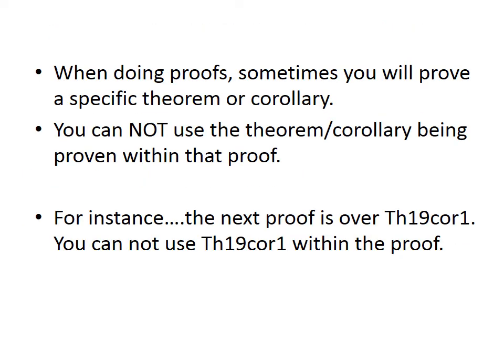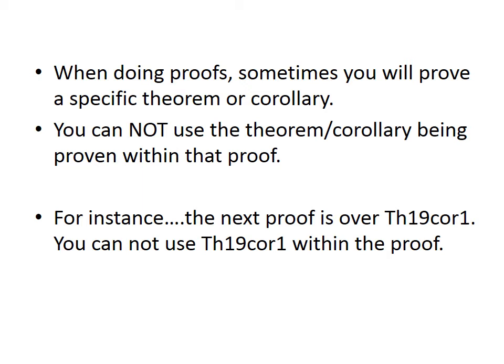Sometimes in proofs you will be asked to do a proof of a specific theorem or corollary, and just note that you can never use that theorem or corollary within the proof that you are proving. It's kind of like if you're defining a word, you can't use the word to define it.